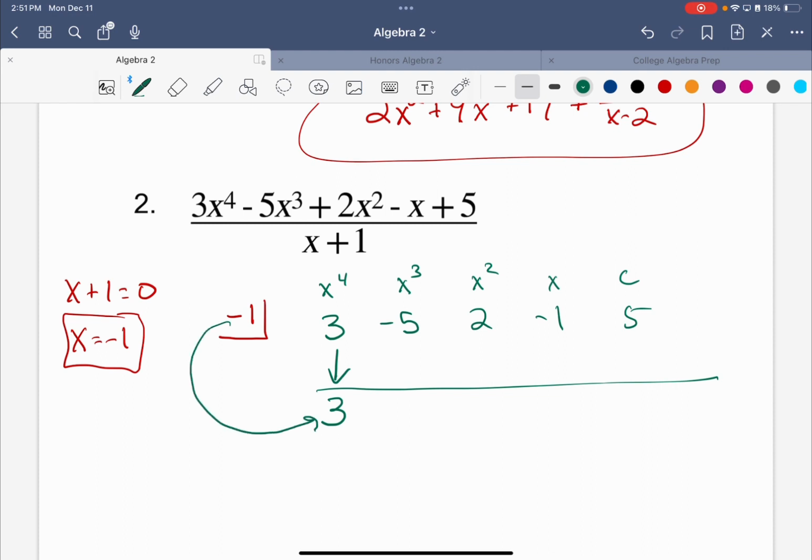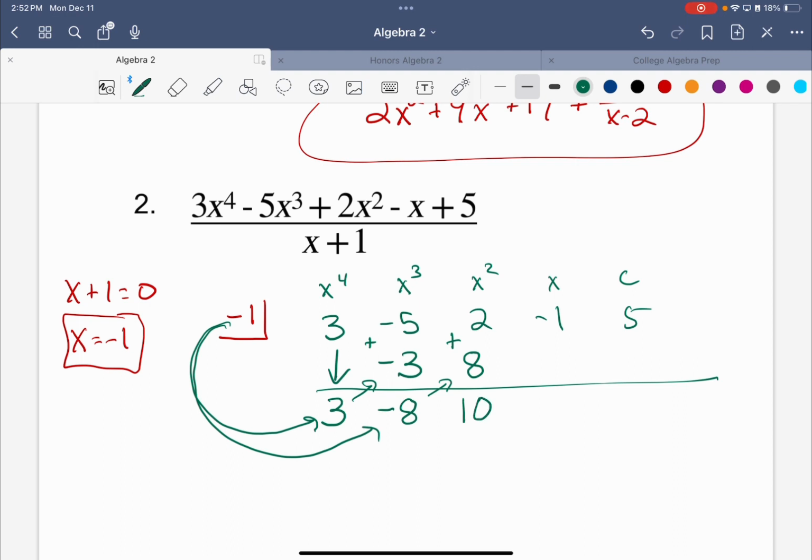3 times -1 is -3. They're above the line, so -5 plus -3, below the line goes -8. -1 times -8 is 8. That product goes above the line. Add them together. 2 plus 8 is 10.